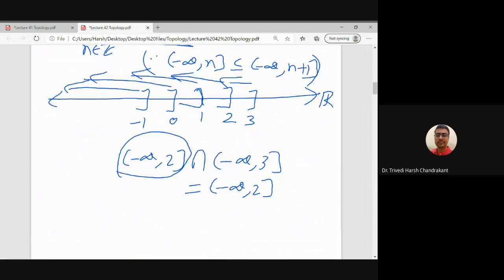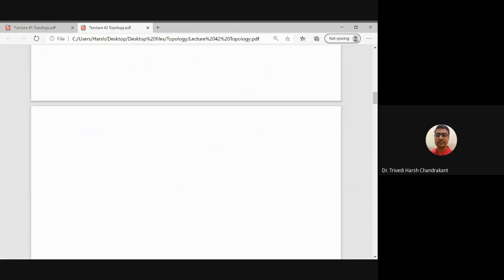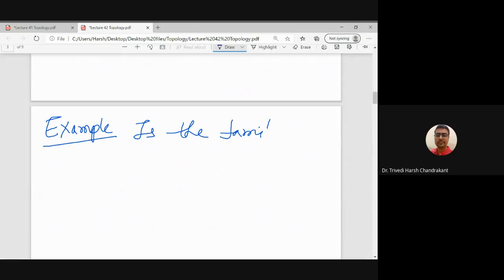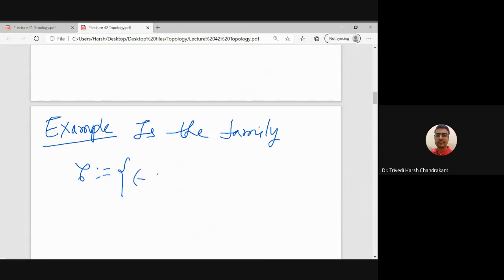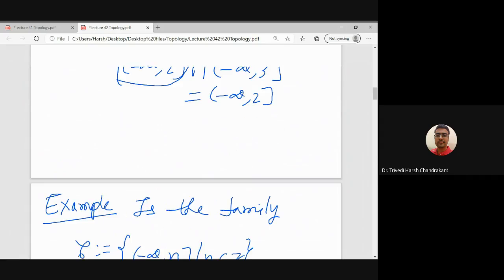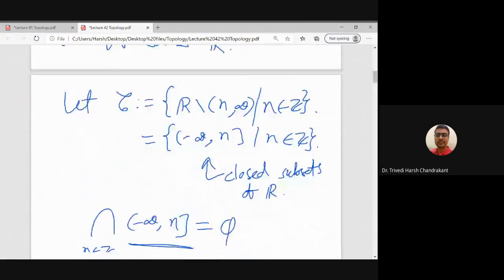Let us take one corresponding example: the family C defined by minus infinity to n, n belongs to Z. That is what we considered here.